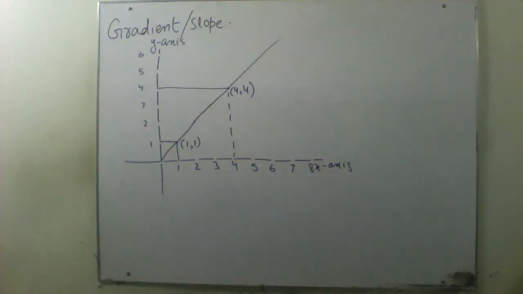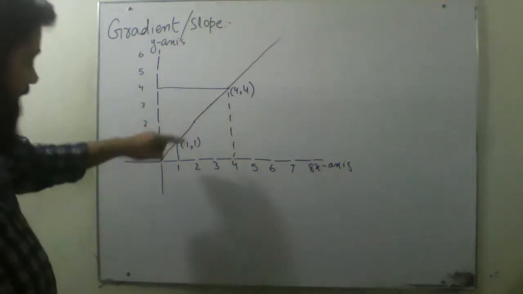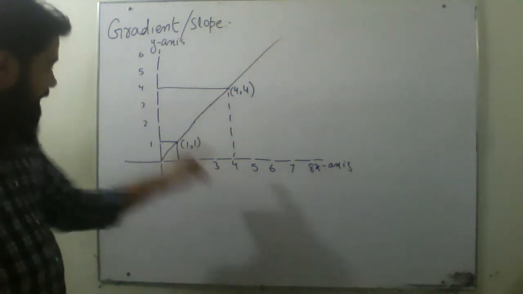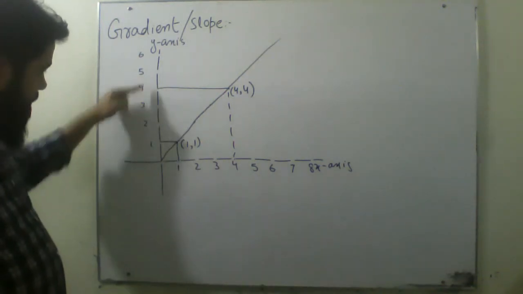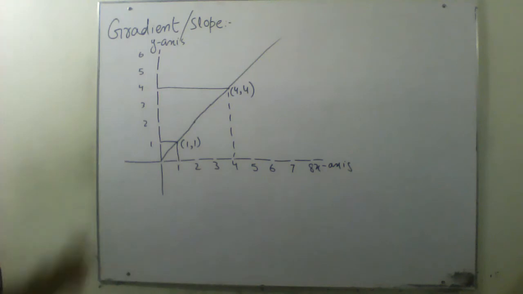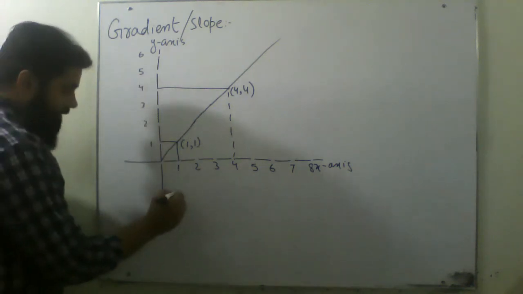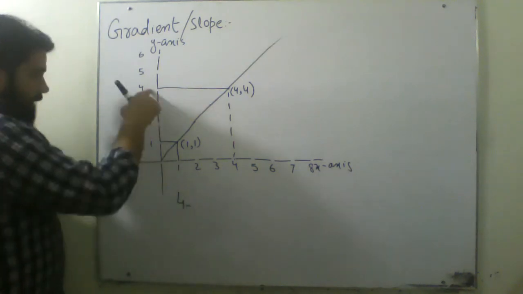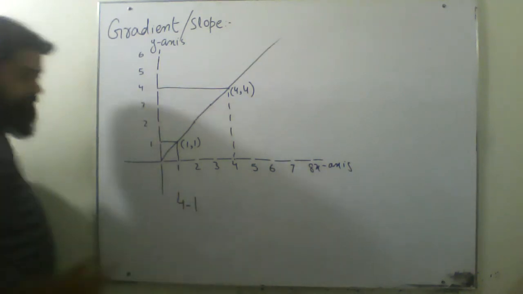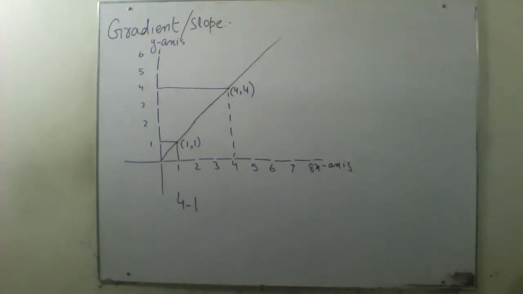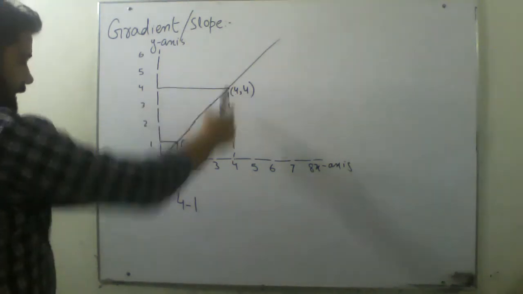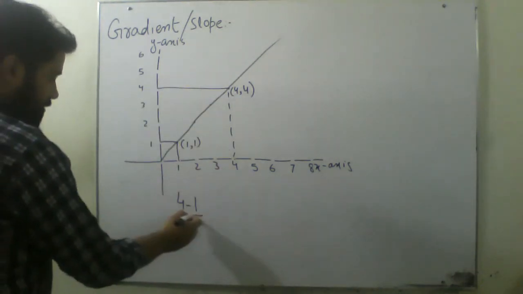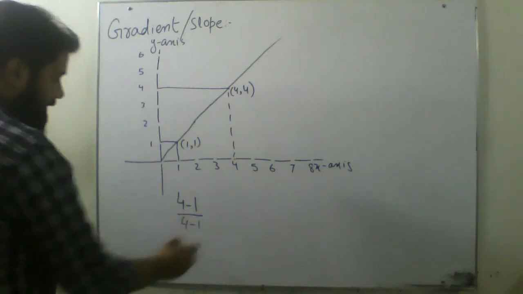Right? Now, if I take the difference between y values, how will I take the difference? 4 minus 1. And if I take the difference of x values, that is also 4 minus 1.